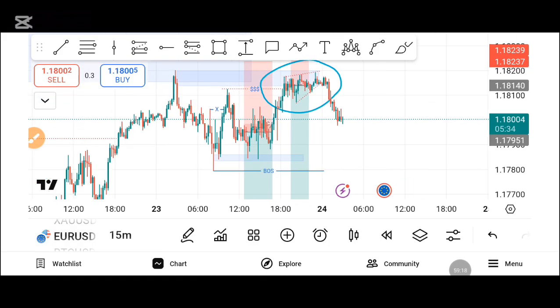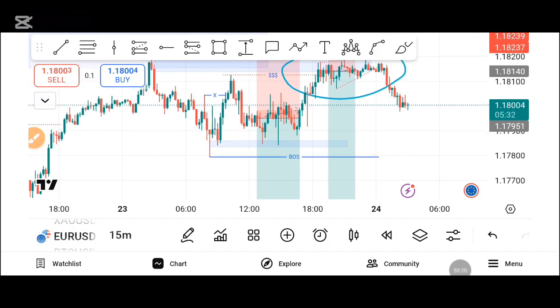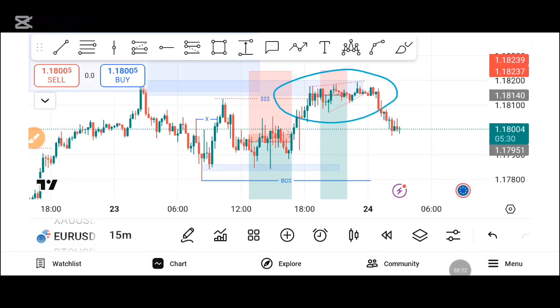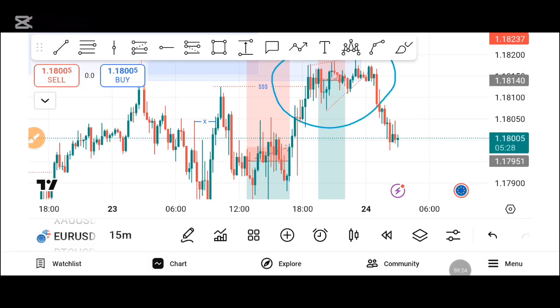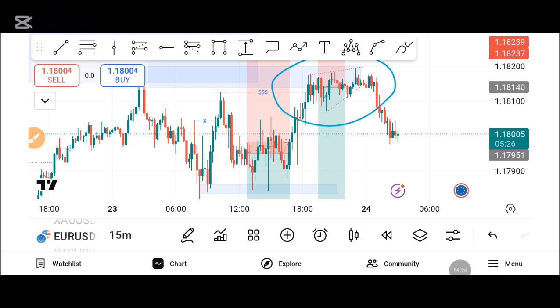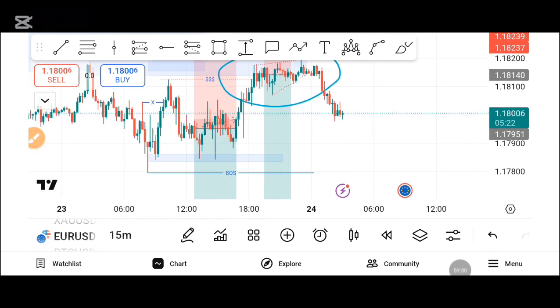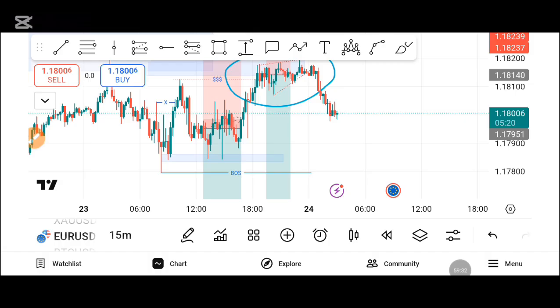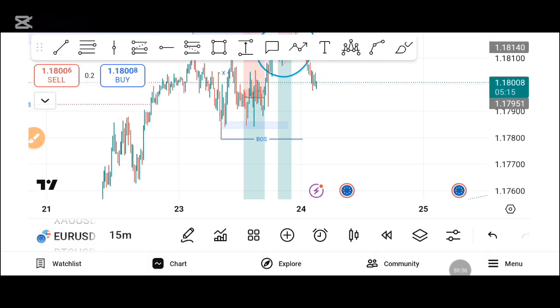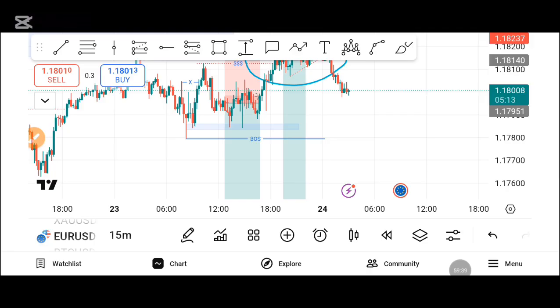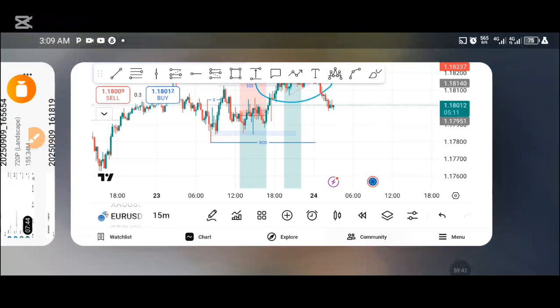So this is a trade I took this week, and we are in a drawdown, but we are still holding. So these are what we are going to be looking at in our next preview video.